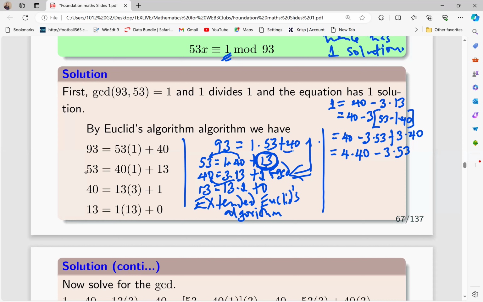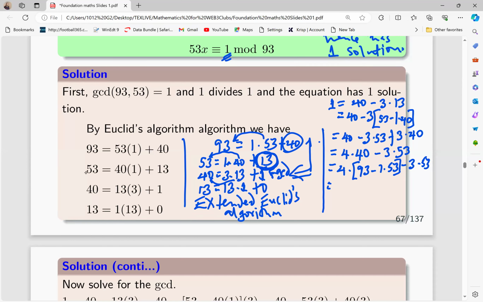Replace the next remainder, which is 40. So this will be the same as 4 multiplied by, instead of 40, the equivalent 93 minus 1 multiplied by 53. Then minus 3 multiplied by 53.